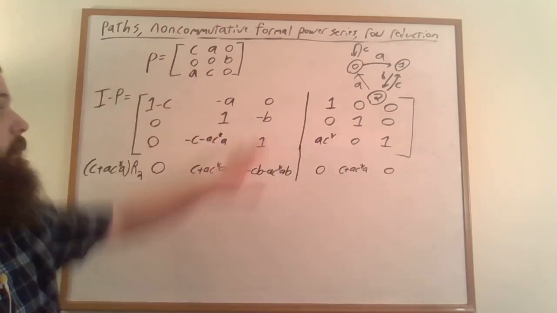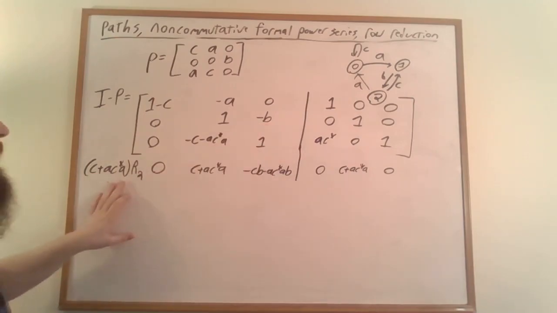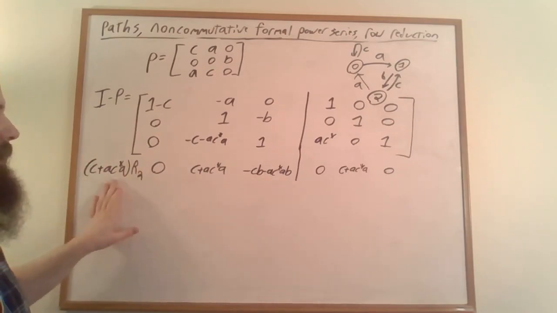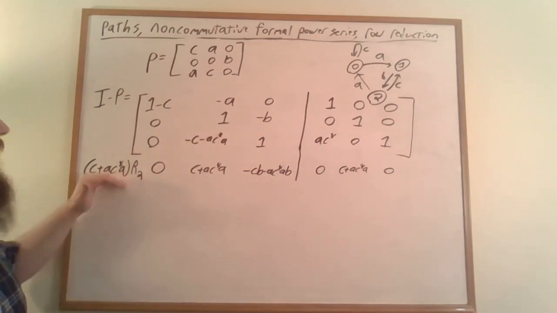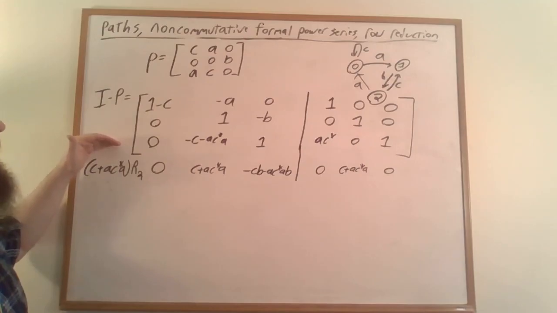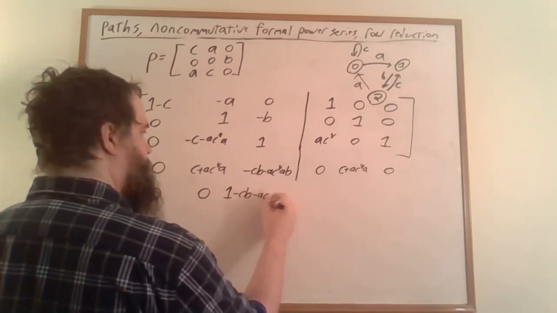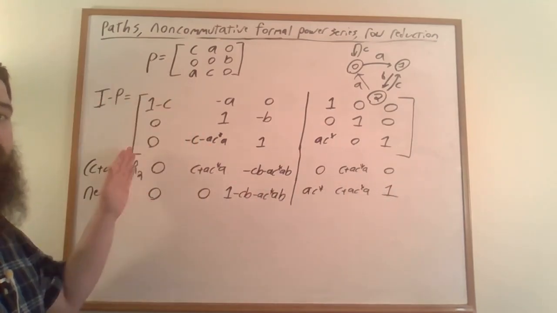Again, we need to be a little bit careful when multiplying our negative b on the left by this term here. And there's some distributivity going on here where the b distributes to both the terms in the sum. And I guess the minus sign also distributes. Let's now add this to our original row 3 in order to get our new row 3. And now I'll take our new row 3 and copy it up here.